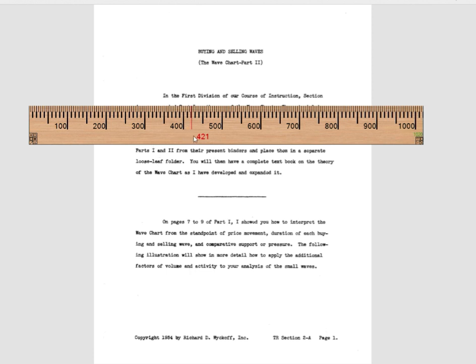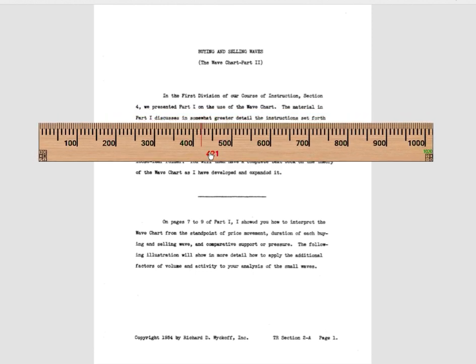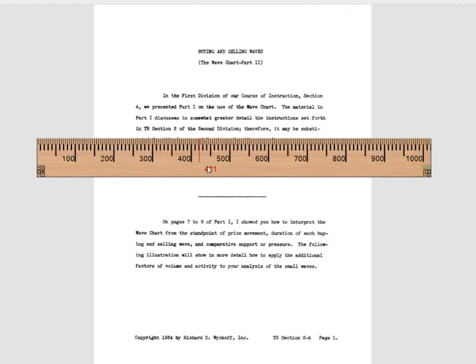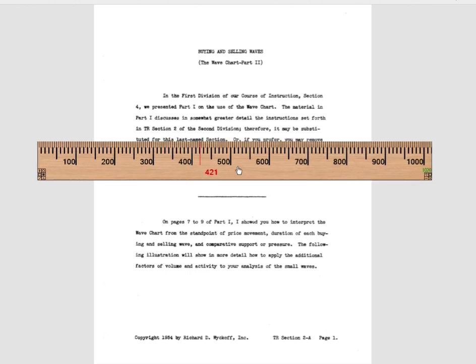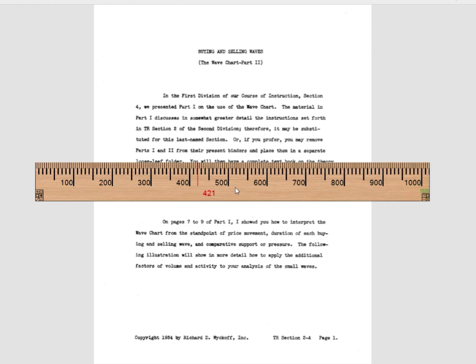So in the first division of the course, we presented part one on the use of the wave chart. The material in part one discussed in somewhat greater detail the instructions set forth in the second division. Therefore, it may be substituted for the last named section.